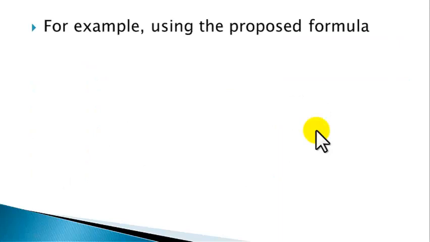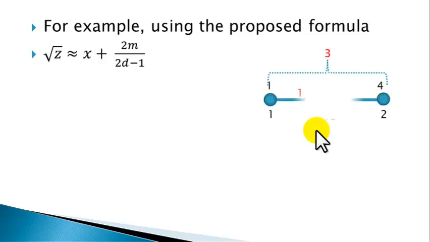Let us now use our proposed formula to find square root of some non-square numbers. Here is our proposed formula. Square root of z is approximately equal to x plus 2m over 2d minus 1. Let us use it to find the square root of 2.